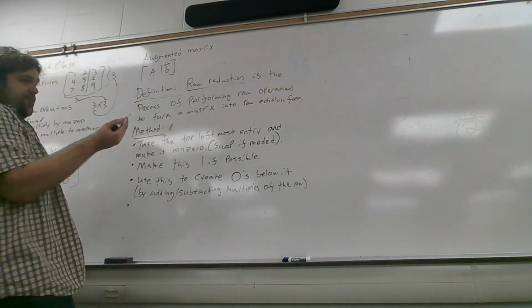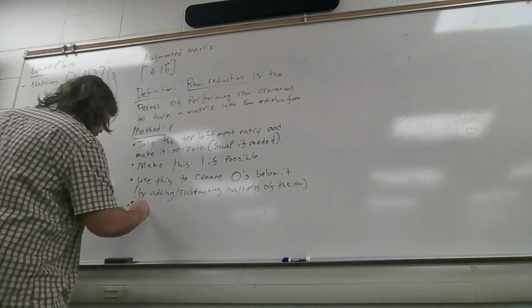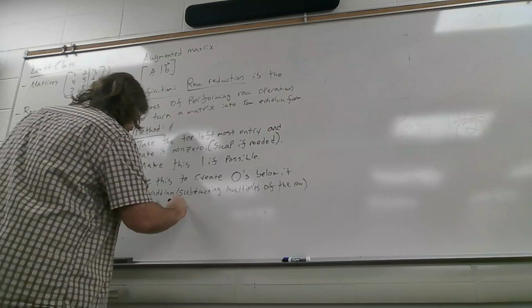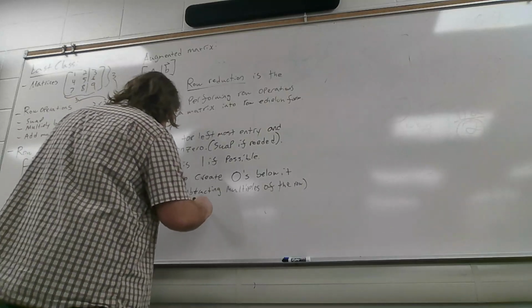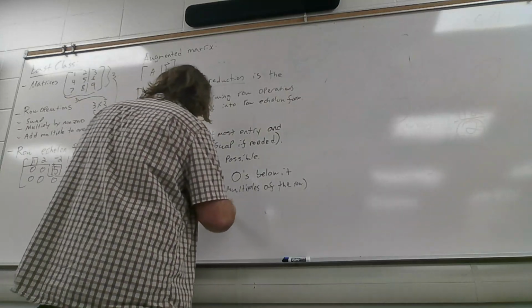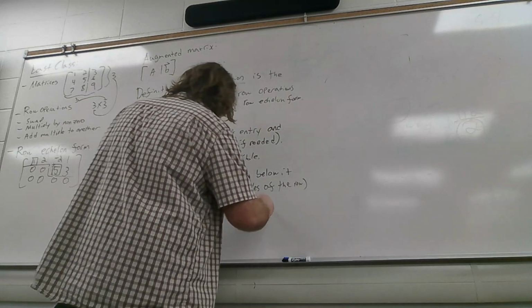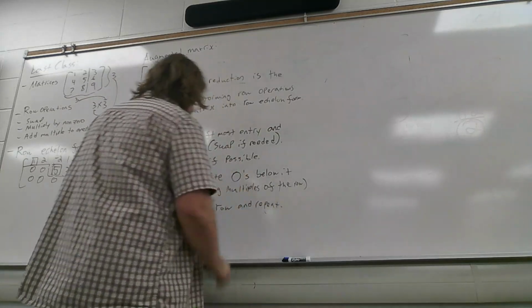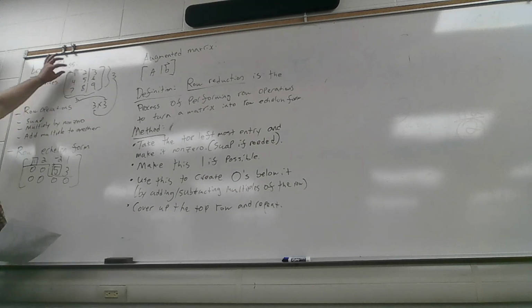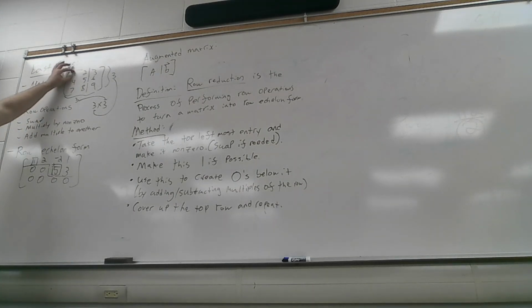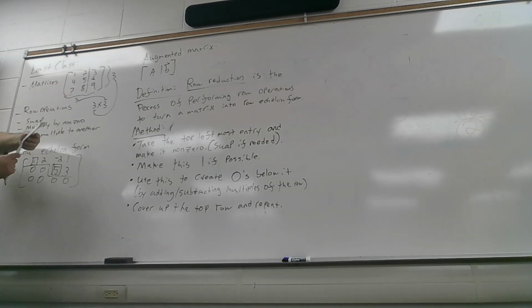Now we rinse and repeat. So we're going to cover up the top row and repeat. What I mean by that is, in this example, we have a 1 at the top left. Okay, good. Use that to make zeros below it, right?